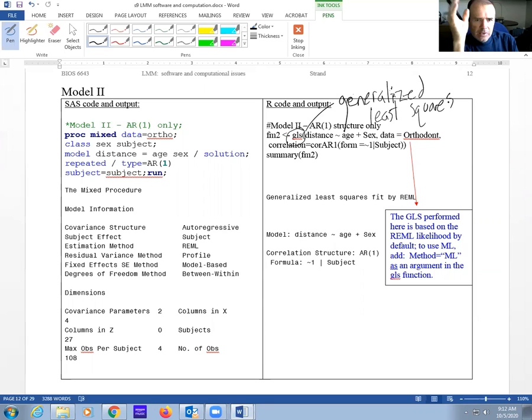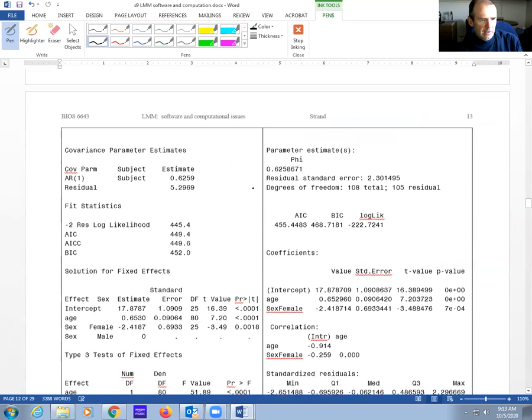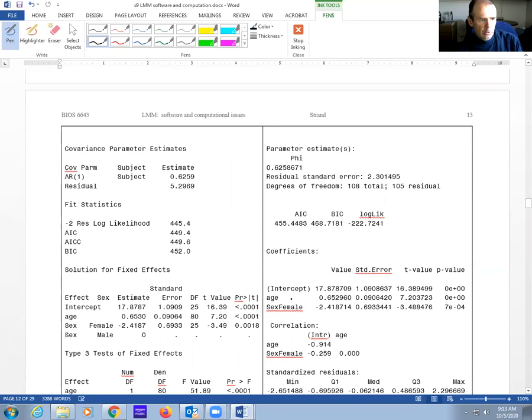So when you just specify the error covariance structure but you don't have random effects, GLS is your best way to go within the NLME package. And again, with this data set, you can see that we get equivalent results, although the way the results are presented may look a little bit different.